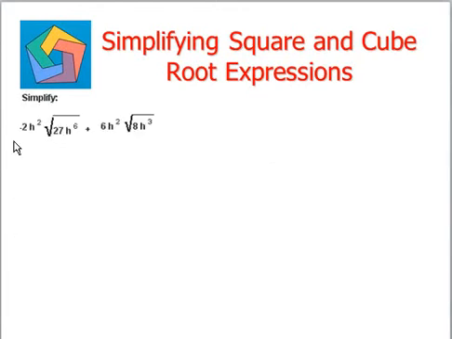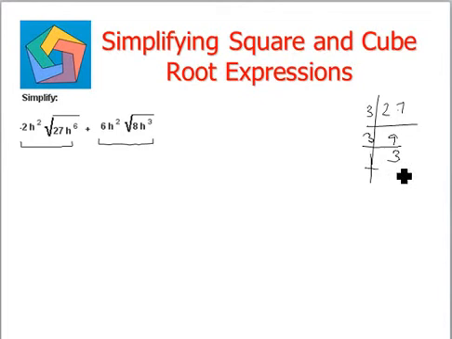Negative 2h² square root of 27h⁶ plus 6h² square root of 8h³. So 27 can be factored like this, while 8 can be factored like this.